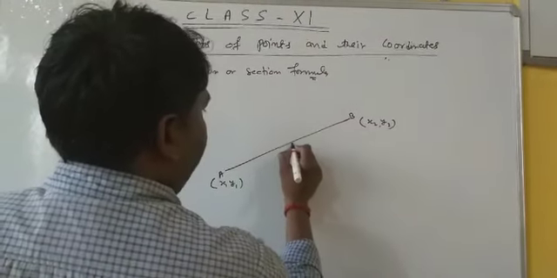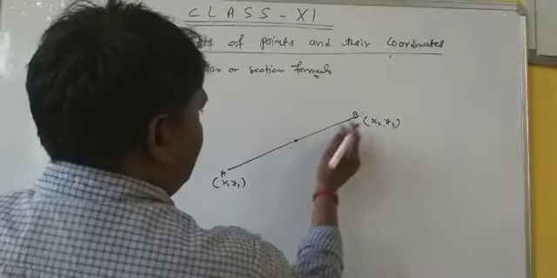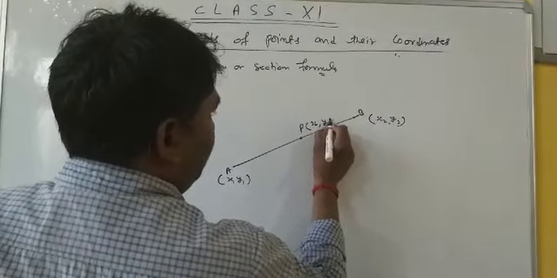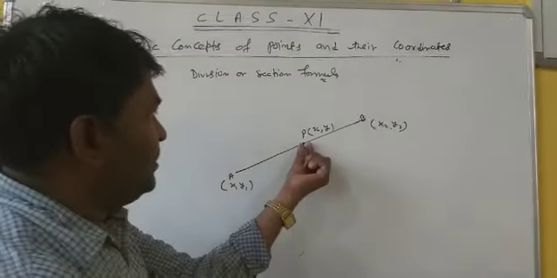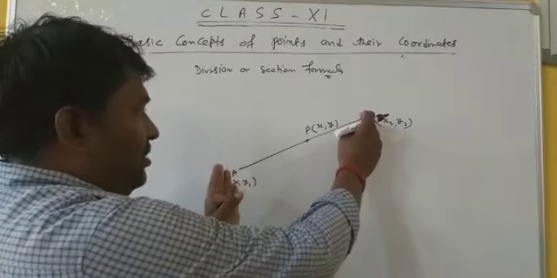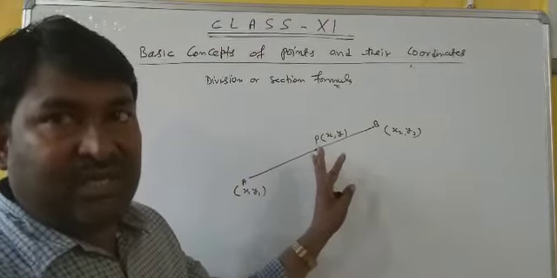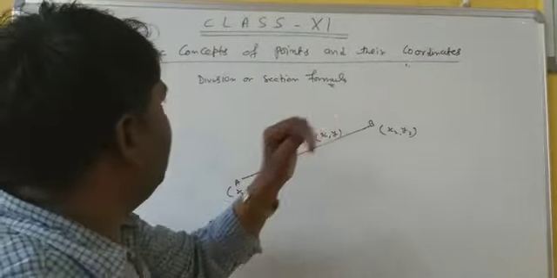Let there be a point P anywhere between these two points, having coordinates x comma y. This point P divides the whole line joining these two coordinates. That's why this type of section or division is called an internal division.